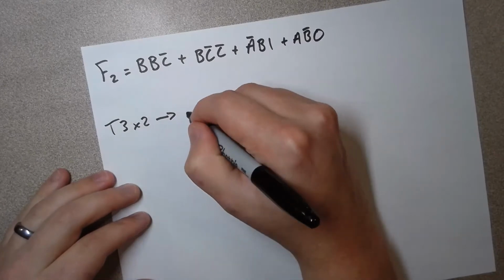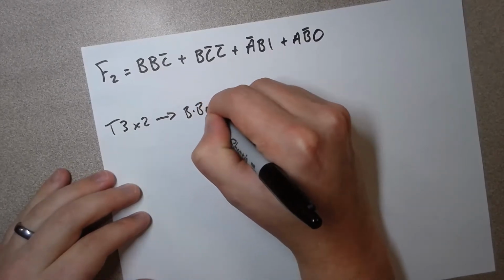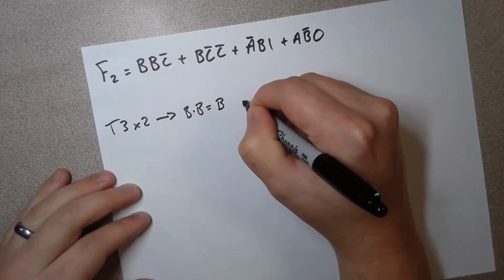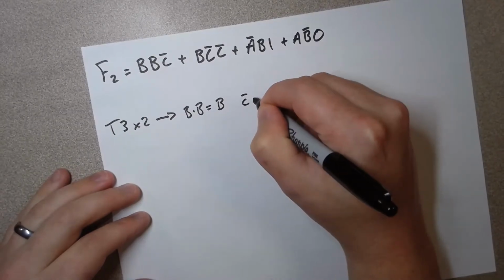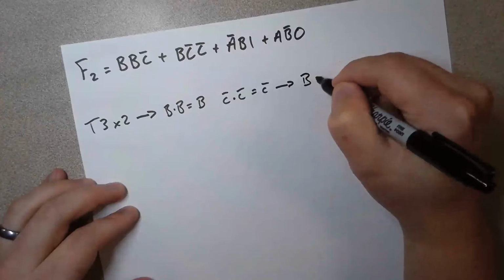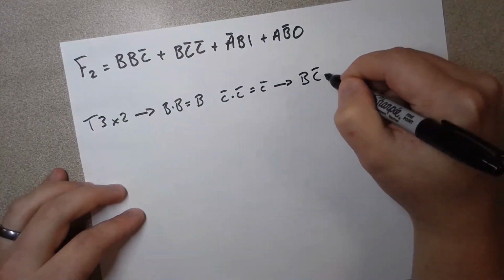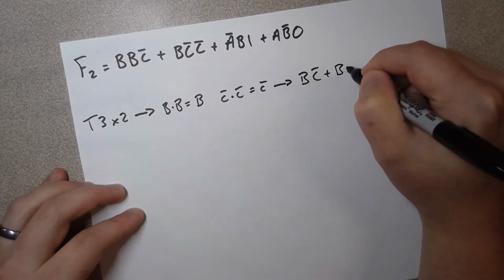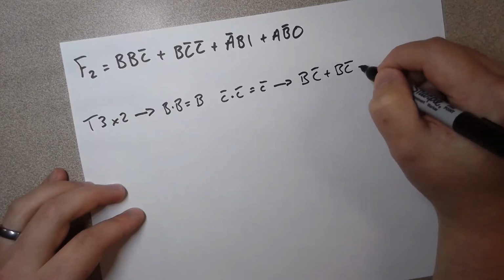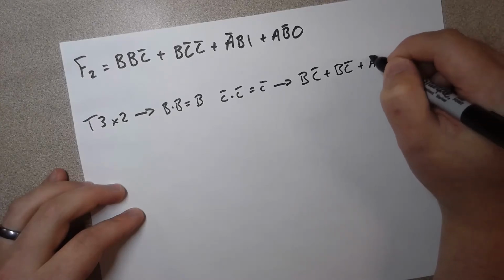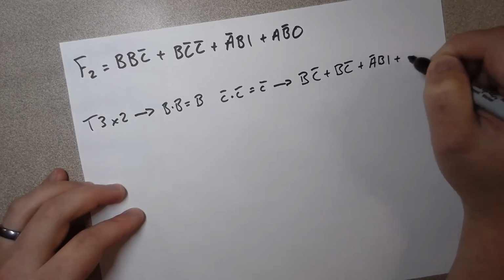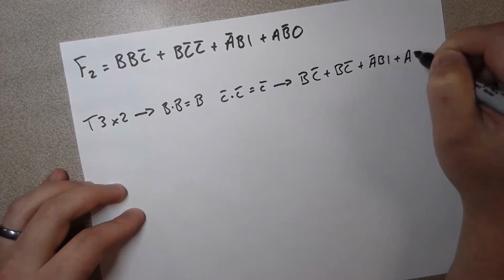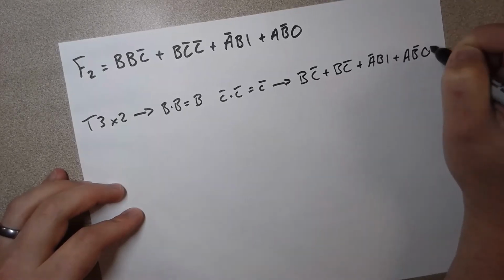What we're going to do is B and B is equal to B, and not C and not C is equal to not C, which would leave us with B not C plus B not C, or not A B 1, or A not B 0.